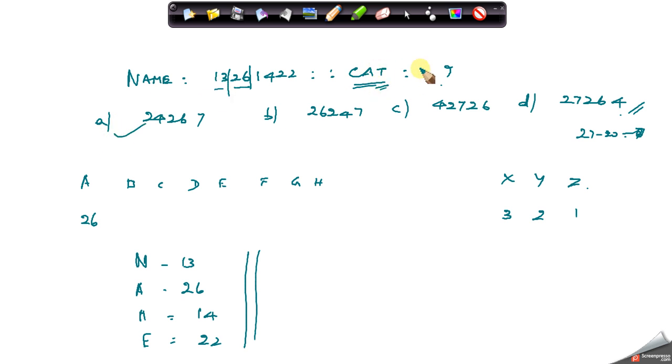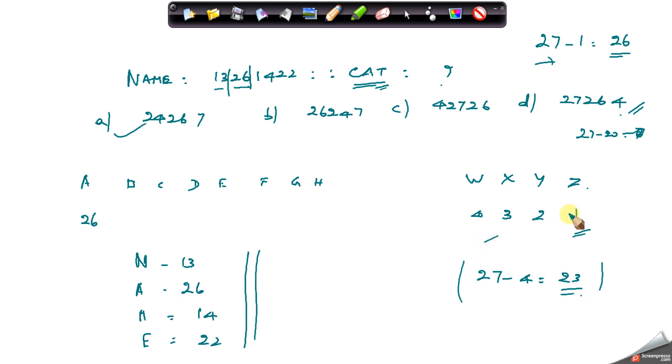When we want to know the position, we can subtract the number: 27 minus the position. For example, for Z it is 1, and 26 is what we have. Similarly, for W, it is 27 minus the forward position, which gives the 23rd number.